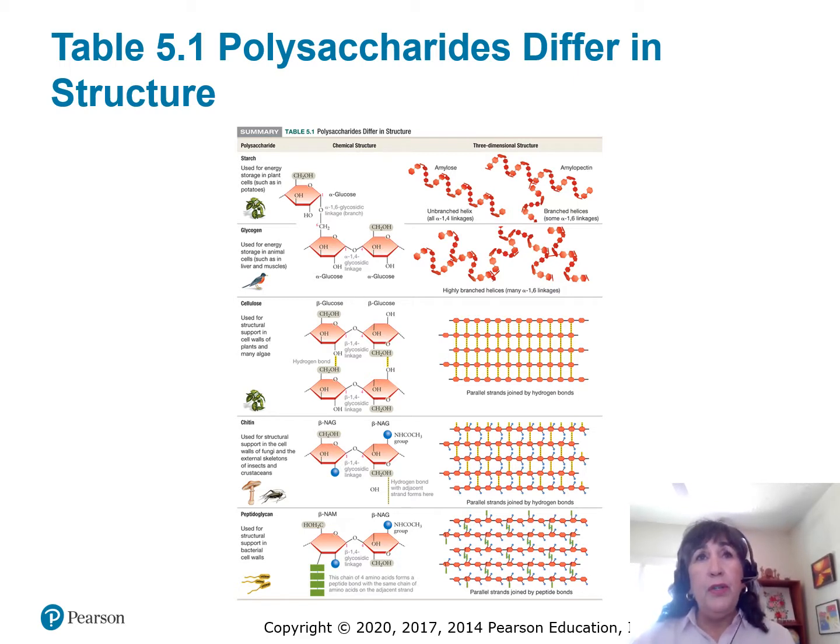The first two, starch and glycogen, are formed with alpha 1,4-glycosidic linkages, but then all of the others, cellulose, chitin, and peptidoglycan, are formed using beta 1,4-glycosidic linkages. And notice it looks strong, like strong metal fencing, very strong material that is used to protect cells.